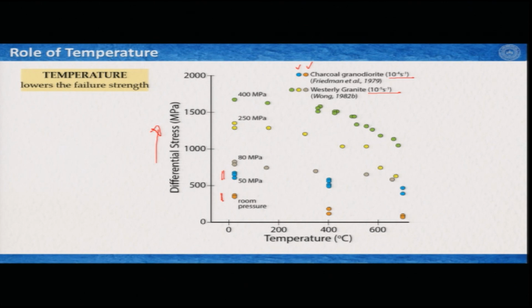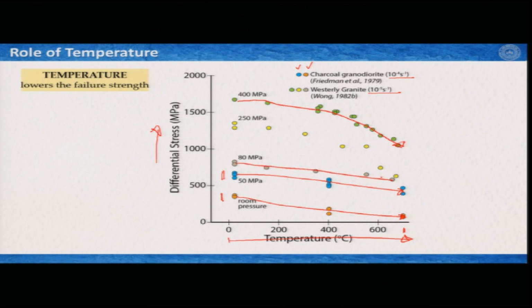And you can see that the temperature from 0 to 700 degree centigrade here, if the temperature got increased, then at room pressure the strength decreases like that. At 50 megapascal the strength decreased like that, whereas in Westerly granite at 400 megapascal confining pressure, the strength decreased again a little non-linearly, but at 80 megapascal it was more or less linear.